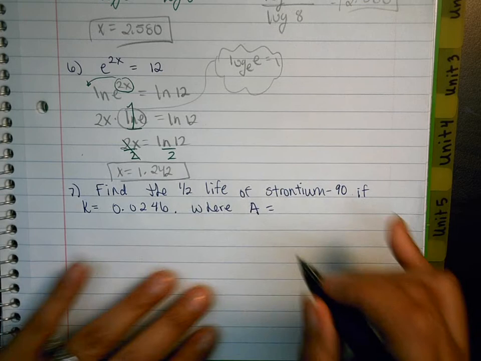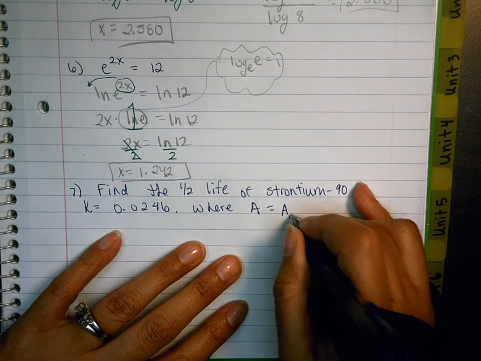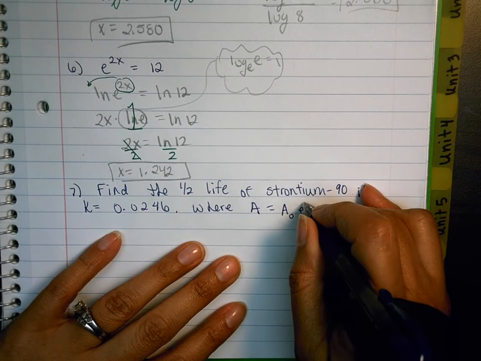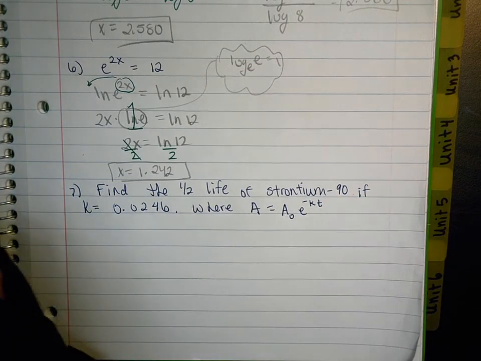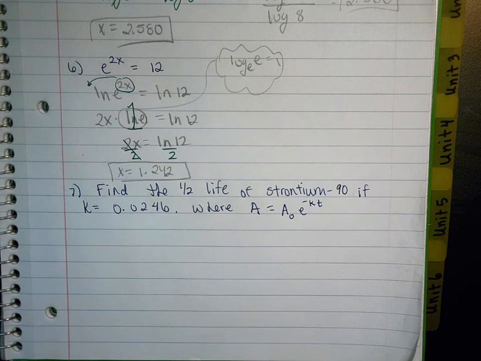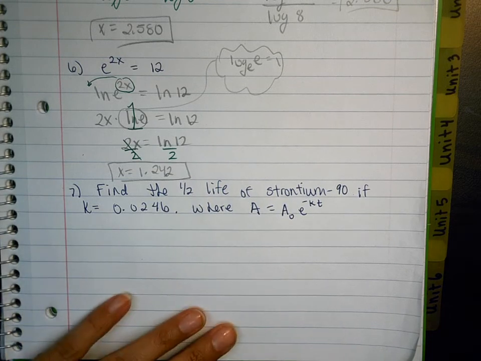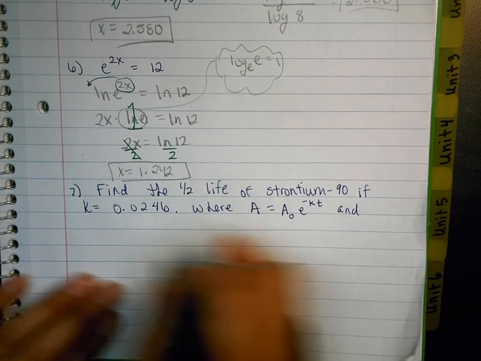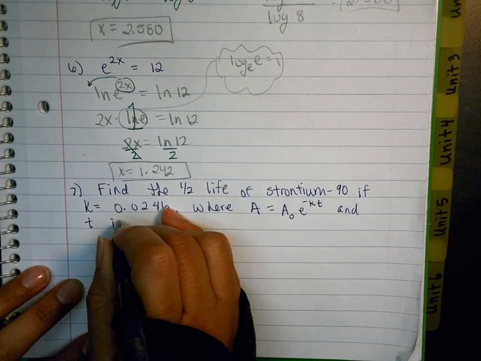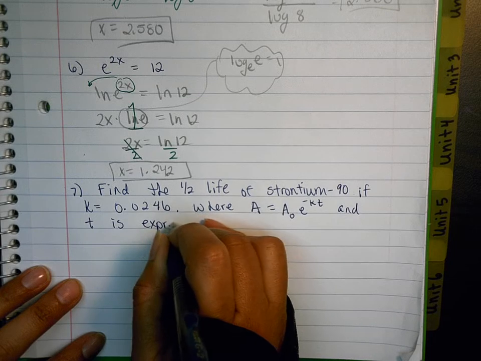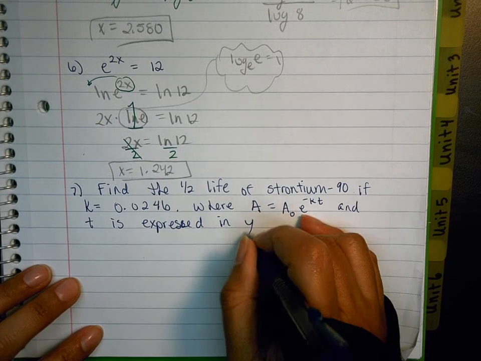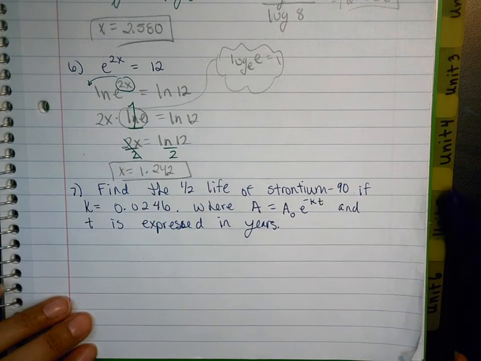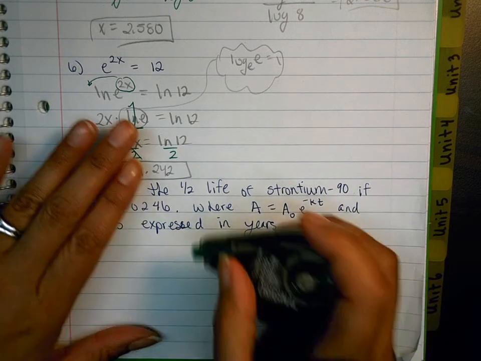A equals A naught times e to the negative KT. And T is expressed in years. So T is your time in years.